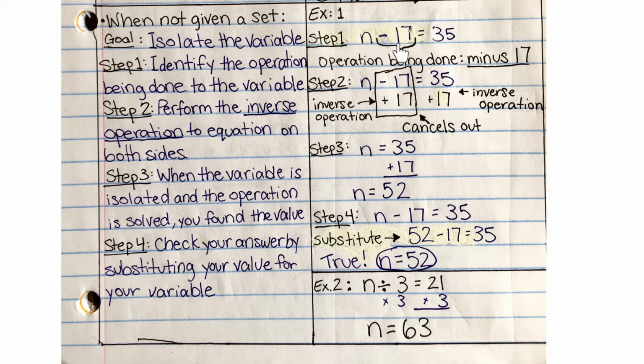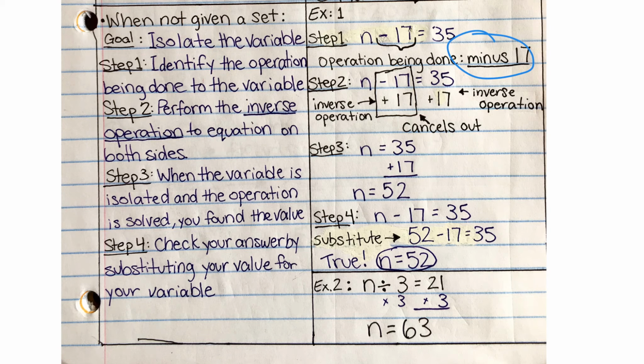And that's what we've done here. This little bracket identifies the operation being done as minus 17. So here, step 1, we recognize the minus 17. Step 2, in order to achieve this goal of isolating the variable, we perform the inverse operation to the equation on both sides.